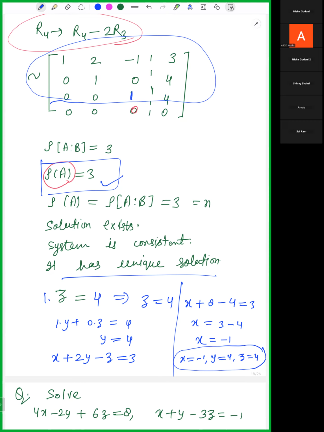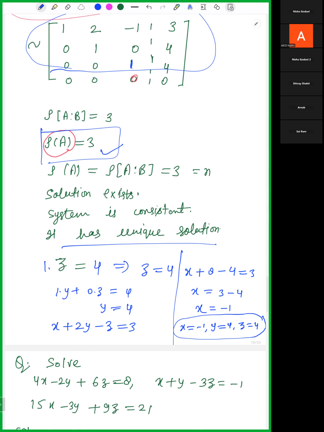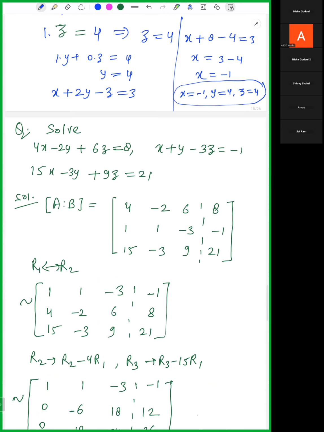Okay, okay. So is this the Gaussian technique? Yes, the Gaussian elimination method to solve the system of equations.